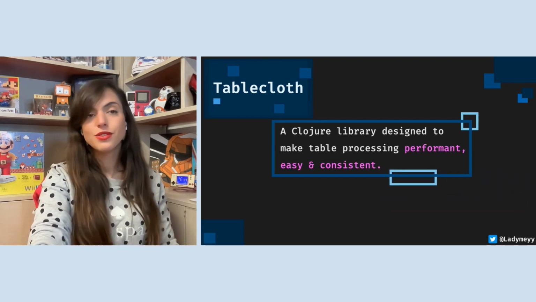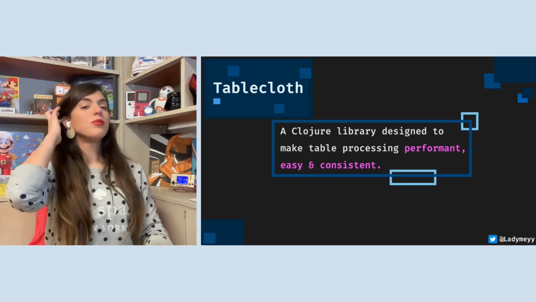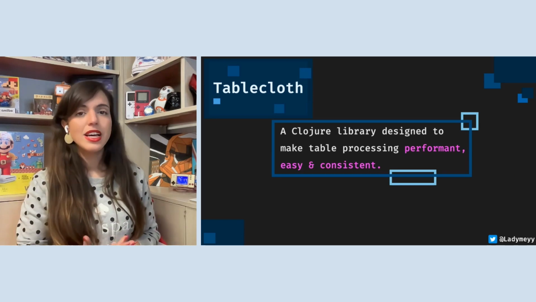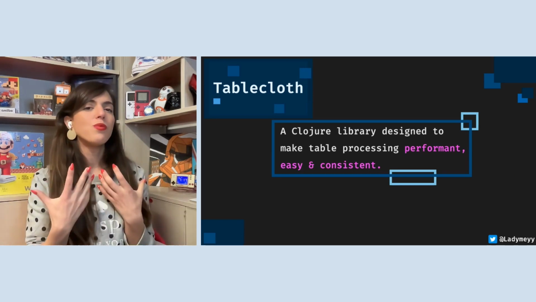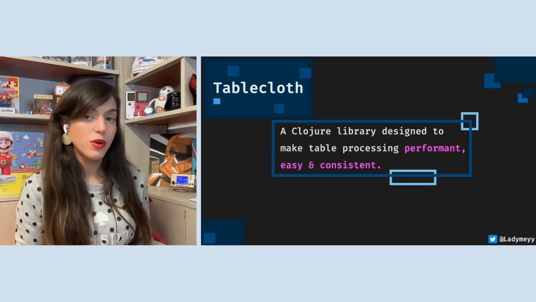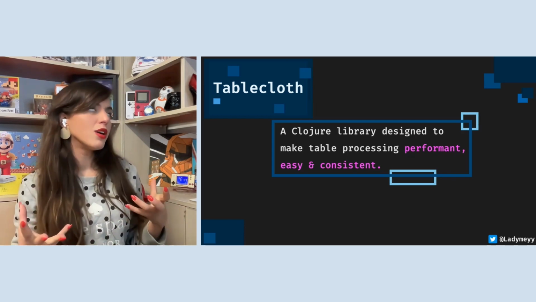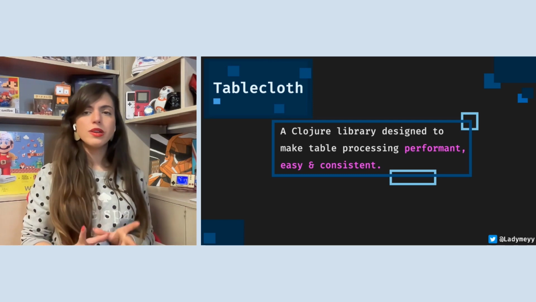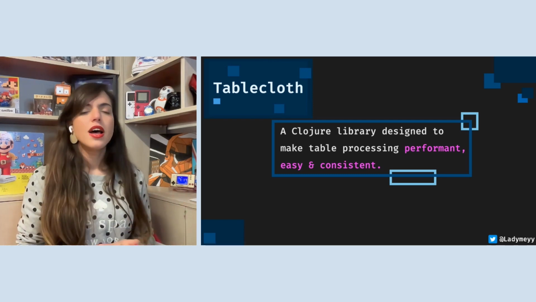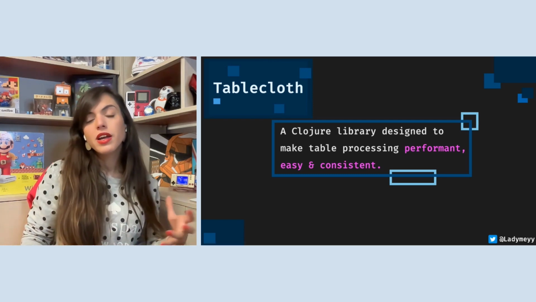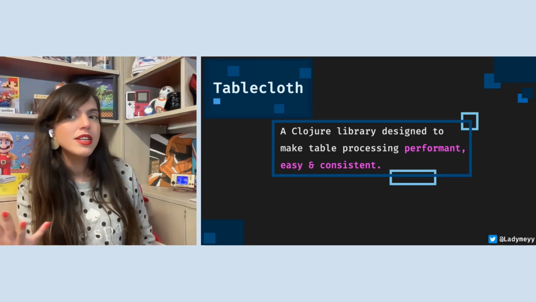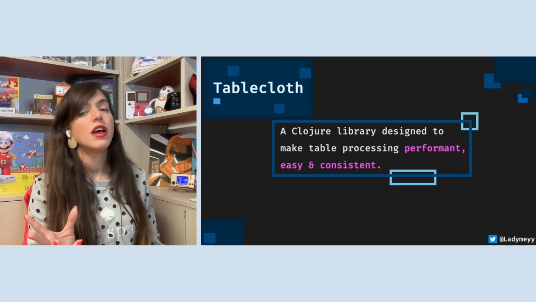Now, if we take a closer look at what I wrote here, when I said performant, easy, and consistent, I want to say why I chose these specific words. When you consider technical tools or libraries, I guess that you should always have in mind a few things, like memory usage, performance, is it cost effective, and developer enablement.